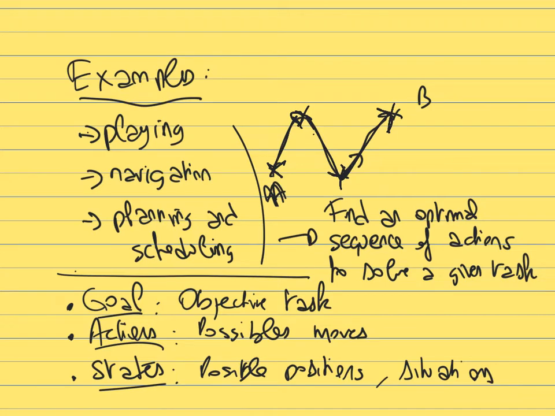So those problems can be qualified as search problems or search algorithms, because the goal of the AI algorithm in this case is to search for the optimal sequence of actions: the list of all the actions and the order of all the actions in order to solve and reach the goal of your problem as efficiently as possible. So it's effectively a search among all the possible states.